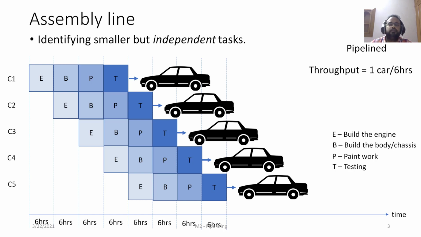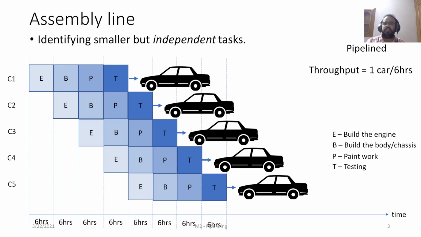Earlier, the throughput was 24 hours would be taken to roll one car out, but here effectively we are taking only 6 hours to roll out one car, right? So with not so much additional hardware, we are able to get better performance from this overall manufacturing unit. Performance here would be the number of cars we are building, right?